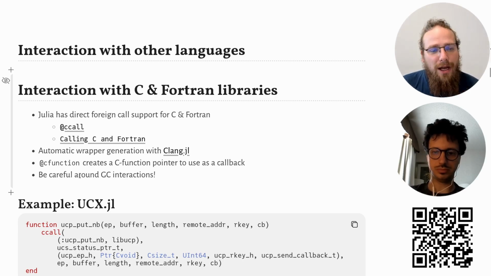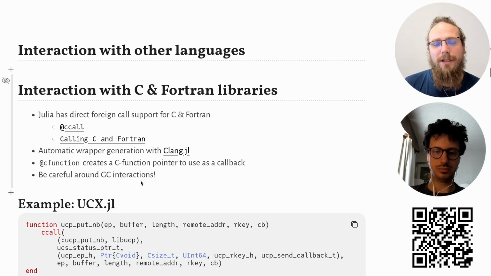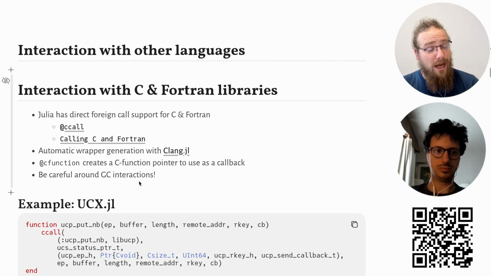But as soon as you interact with a different language, you always have to be careful about GC interactions, and you have to think about who owns which memory and who is responsible for releasing that memory. Julia will do it automatically for you, but C or Fortran will require you to think about this manually.